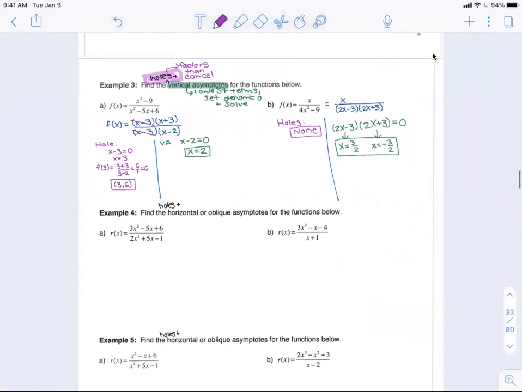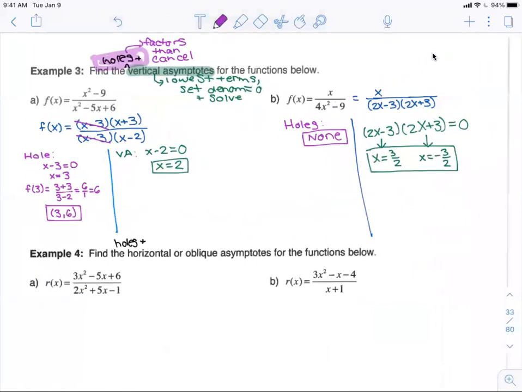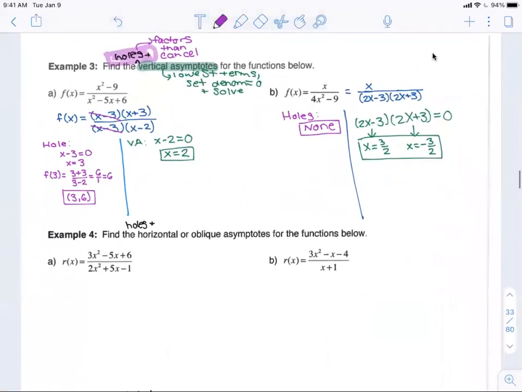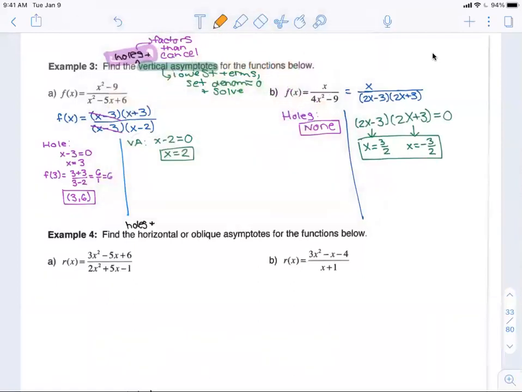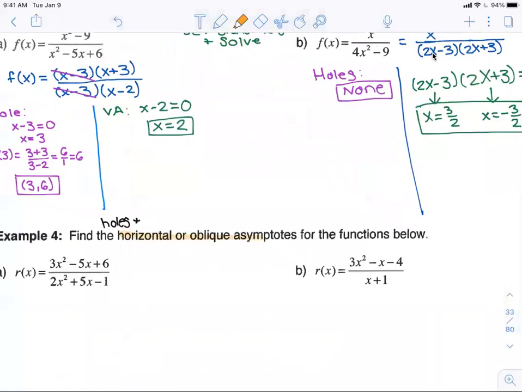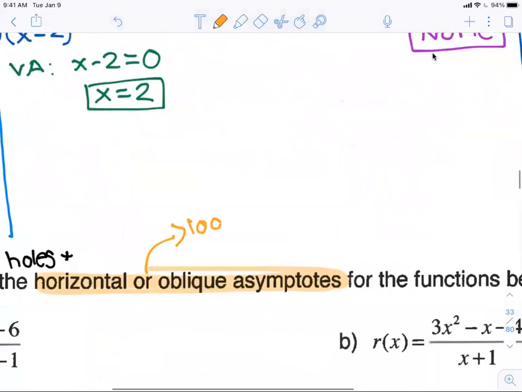All right, let's take a look at examples 4 and 5. They have the same directions. Find the holes and the horizontal or oblique asymptotes for the functions below. First thing we're going to do, and we already talked about what holes are, and then for the asymptotes here, for the horizontal or oblique, this is when you look at the degree of the numerator and denominator.